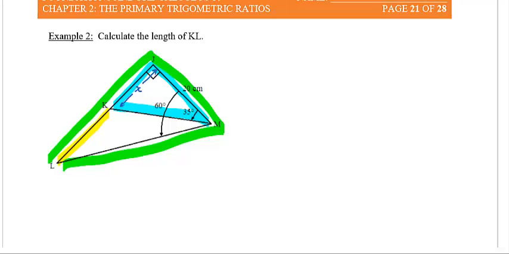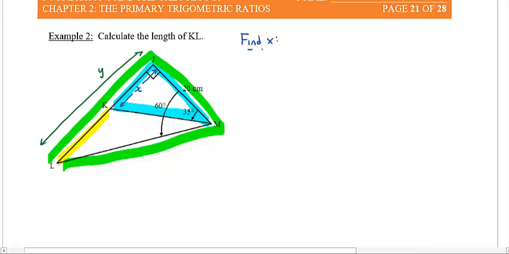We can also figure out this distance, JL. That would be y, from the big green triangle. And then to figure out KL, that's just y subtract x. So let's find those two things separately, and then we'll subtract.